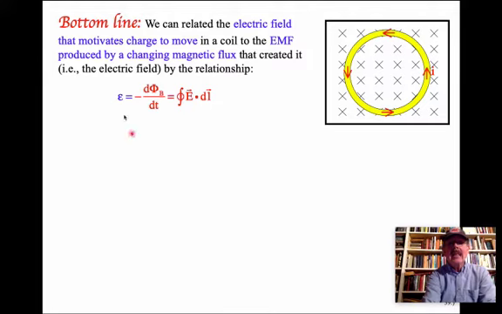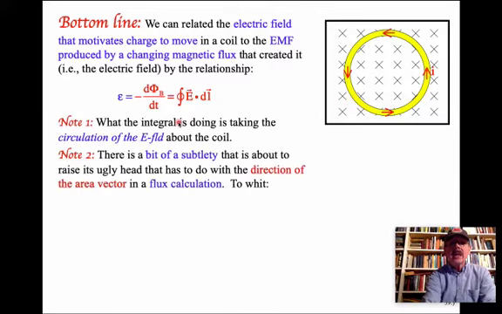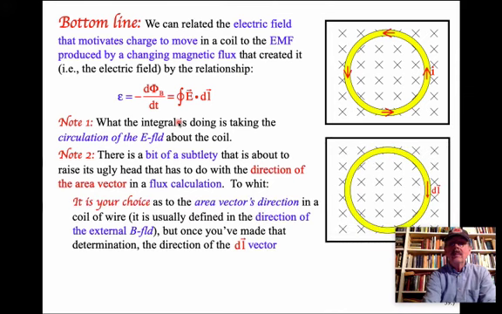If we link that up with our E dot dl and have the integral go around a closed path, which is to say our loop or circuit, we end up with a relationship saying that the integral of the electric field dotted into dl equals minus the change in the magnetic flux with time through the face of the coil.